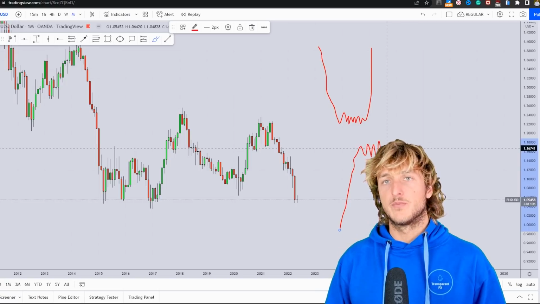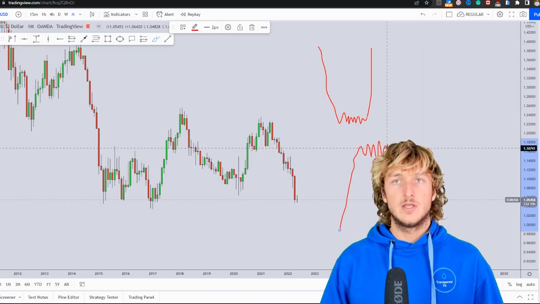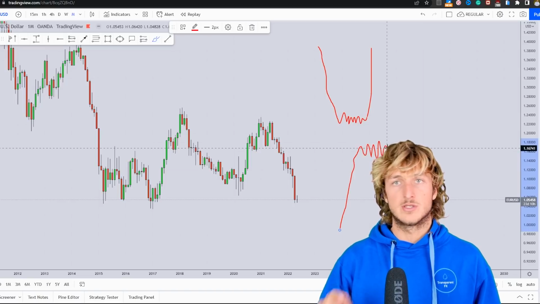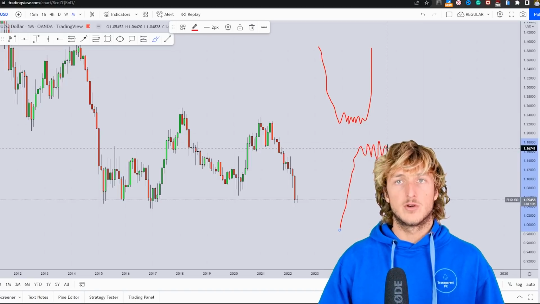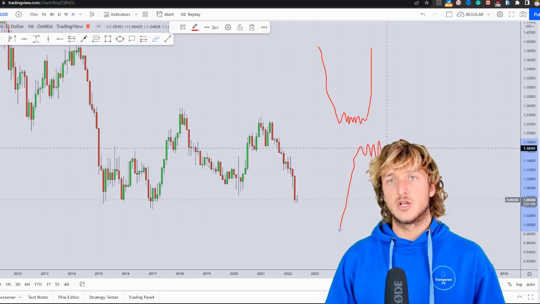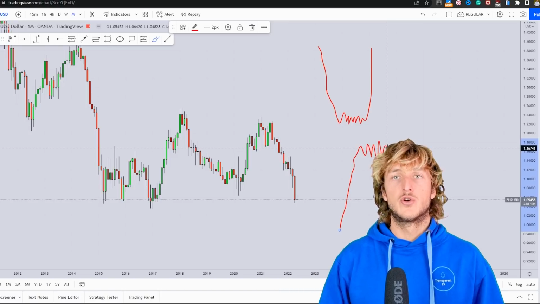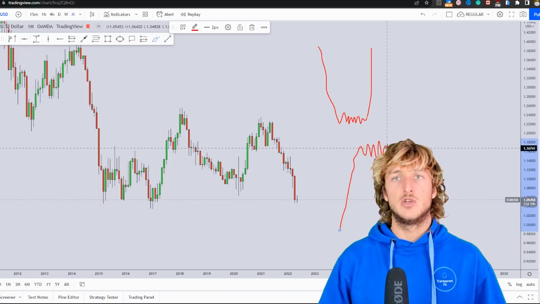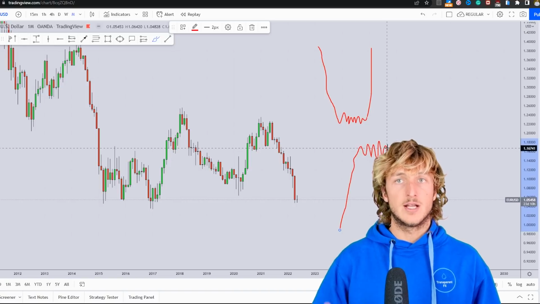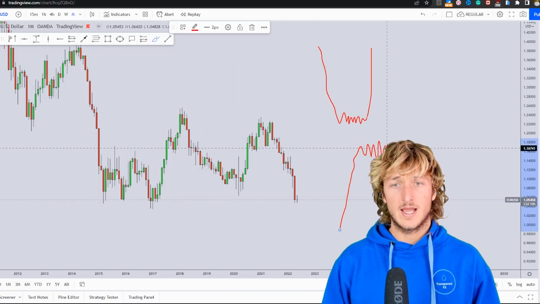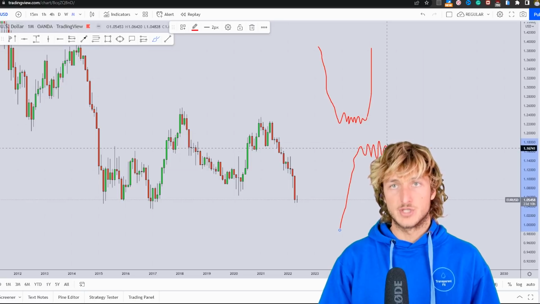Now, for retail traders, it's very easy to trade because they just click the button and their order gets filled. It is not the same thing if you are an institutional trader, because your orders are massive. It can be hundreds of millions when it comes to one single position.